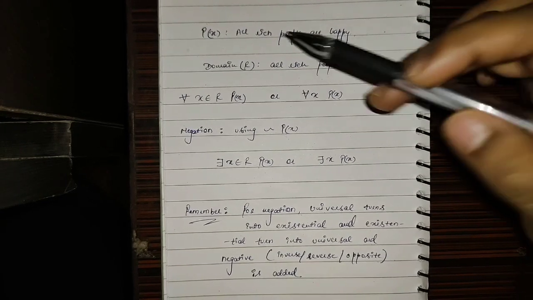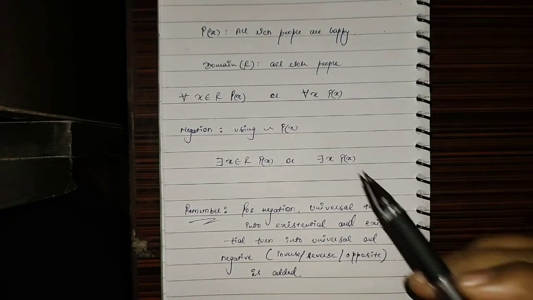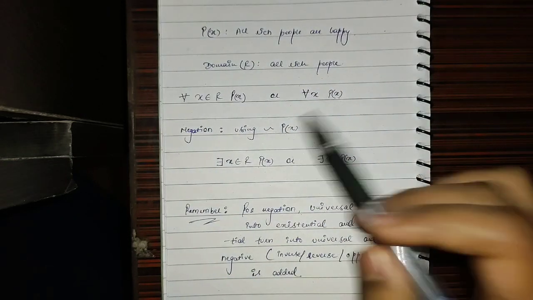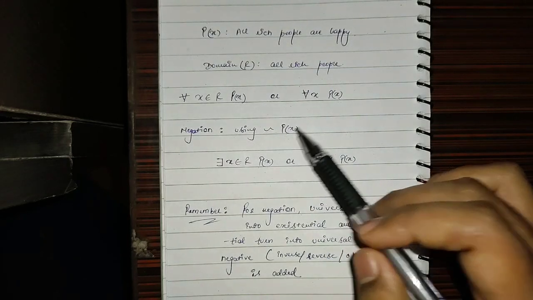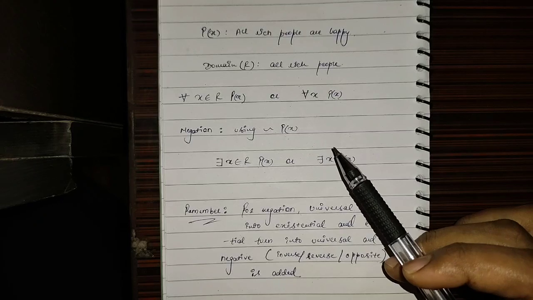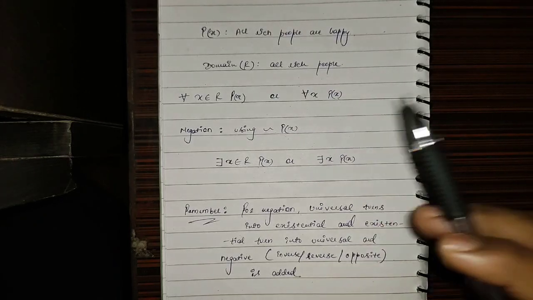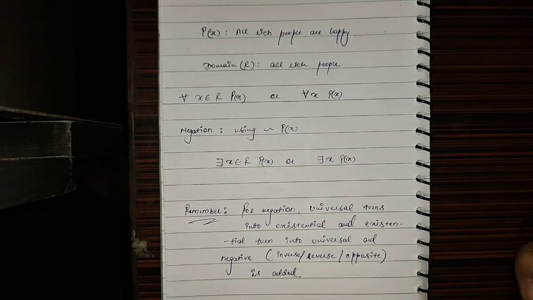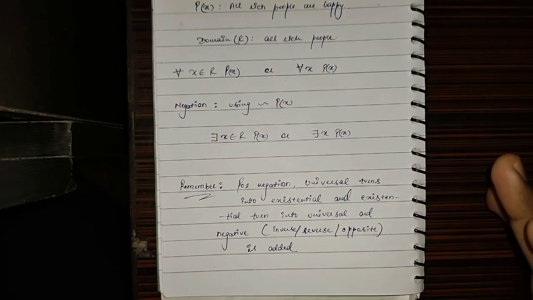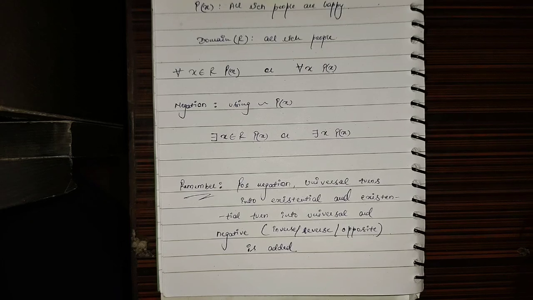Now if I want to negate this statement P, I just have to use the symbol that I showed you earlier, which is this. When I use the symbol, I have contradicted this statement, and it can be read as "not all rich people are happy." So when I have negated this statement, I must have found a person who is rich and not happy.